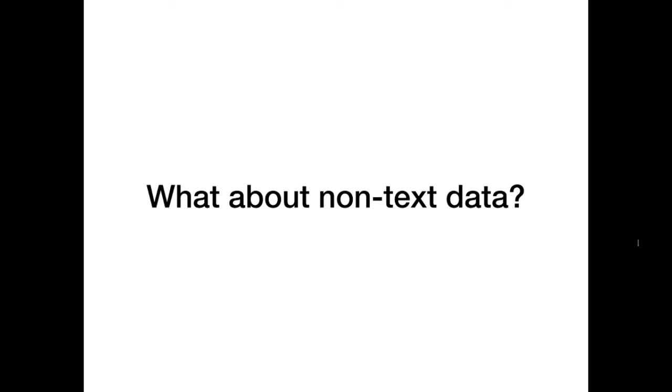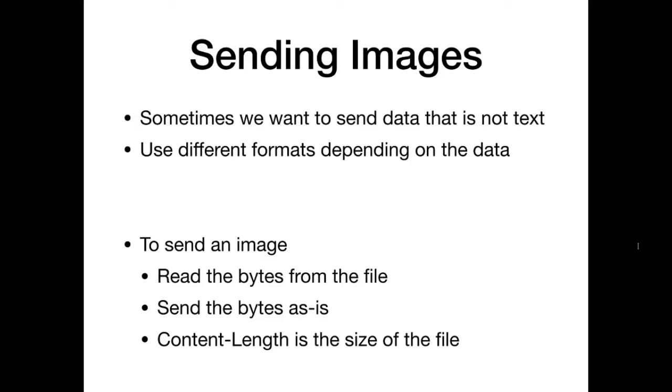So what about non-text data when we don't have these encodings? Well, this actually gets a little bit easier, but it is something you have to be aware of in your code, whatever language you chose, how to do this specifically in that language. So say I want to send an image over the internet. There's no text encoding for an image. So what we do is read the file in its bytes.